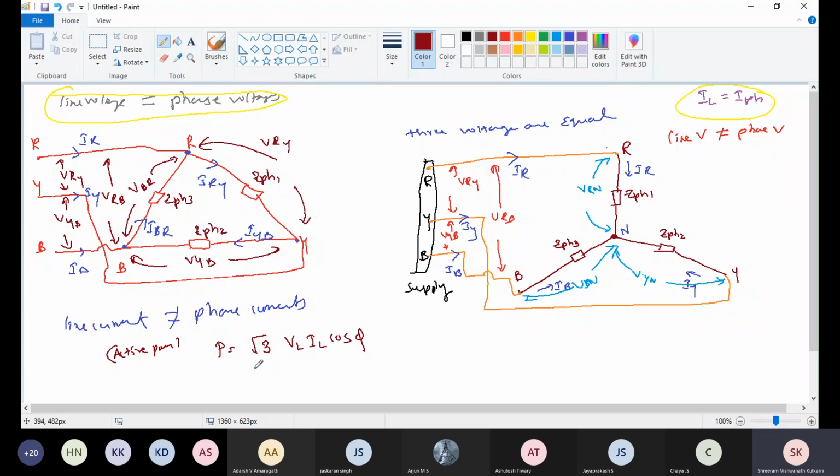Active power P is equal to root 3 VL IL cos phi. What is the unit of this? Watts.